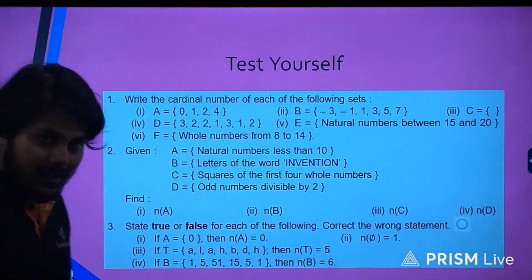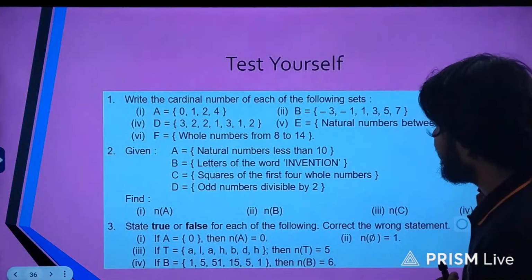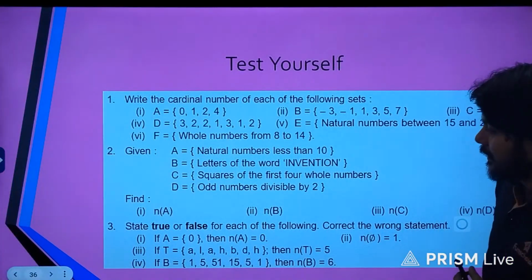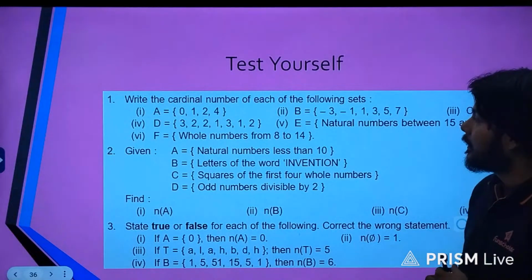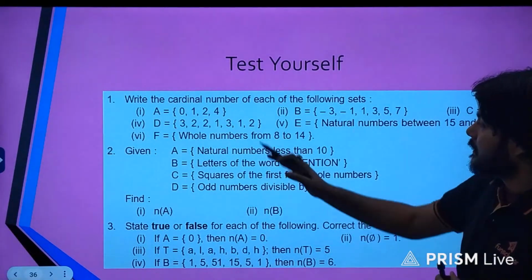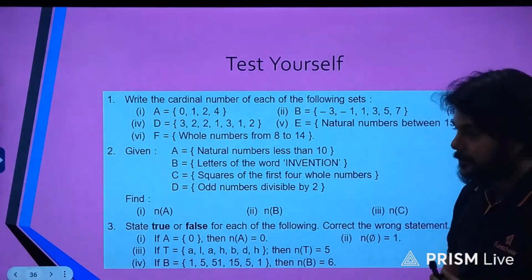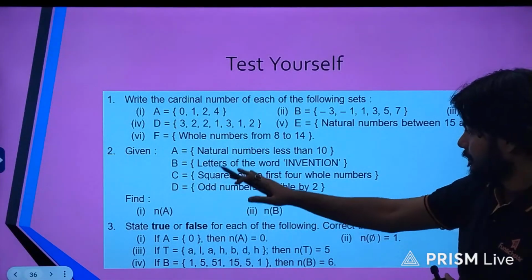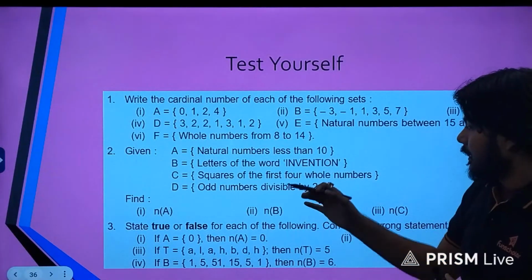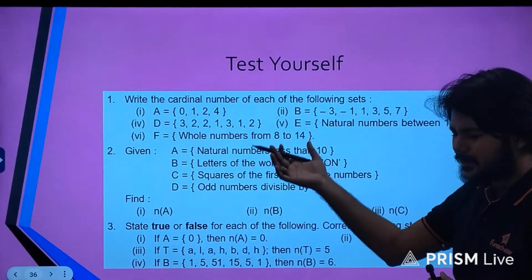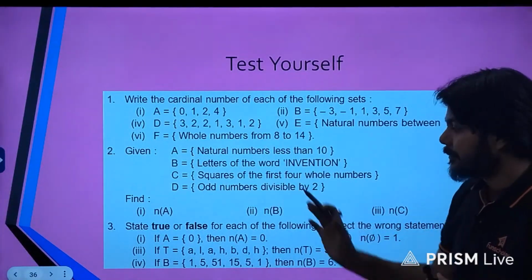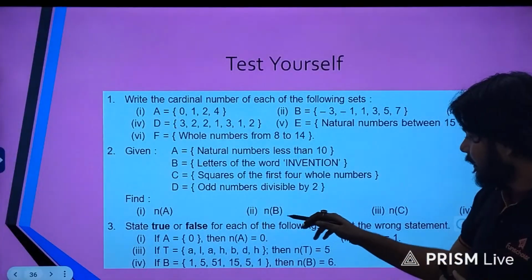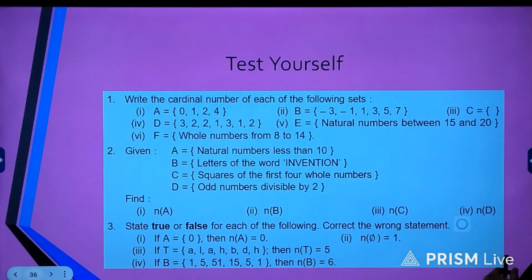This is going to be the last slide of this lecture and of this topic. Write the cardinal number of each of the following sets. These 4 sets have been mentioned in description form, so find these 4.